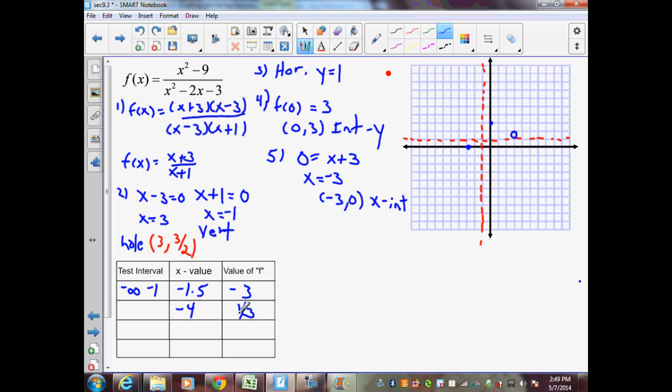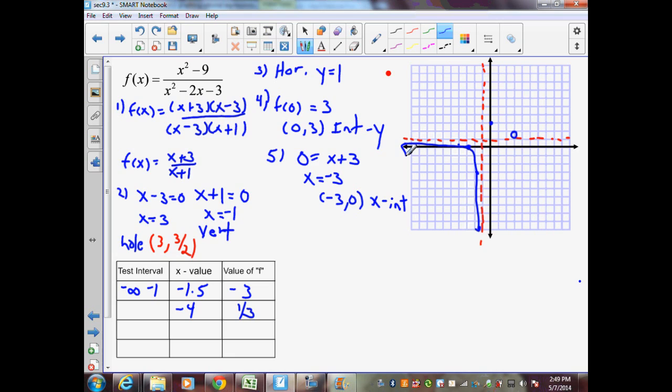And when I plot those, that gives me a pretty good look of my function from negative infinity to negative 1.